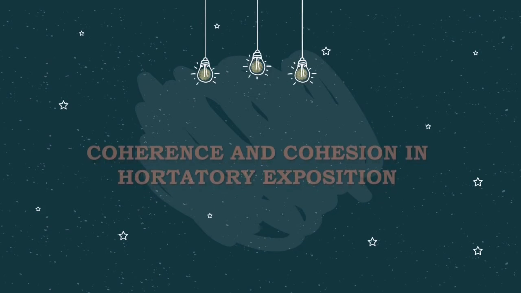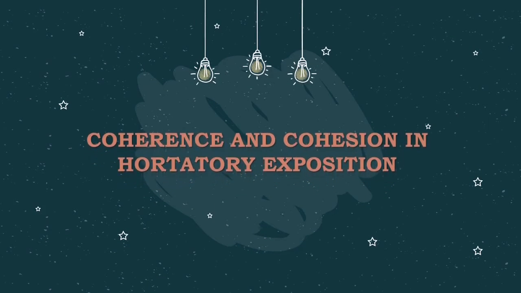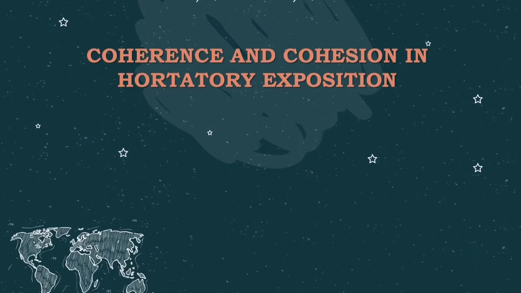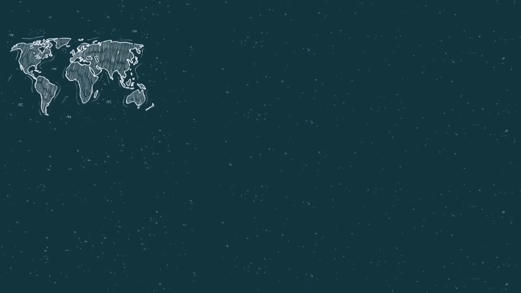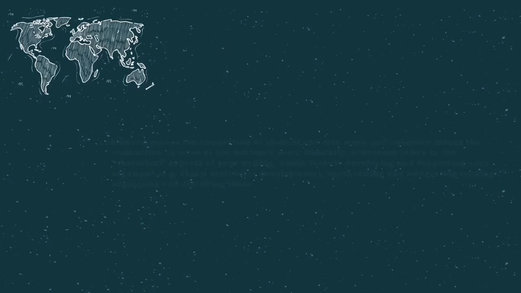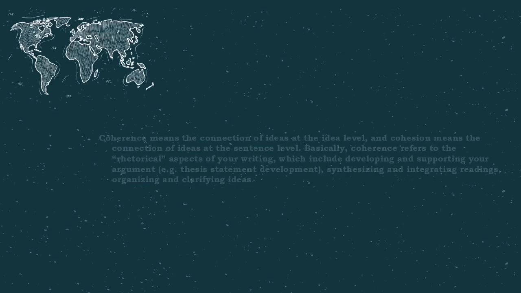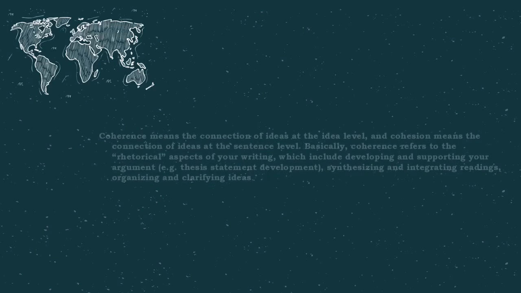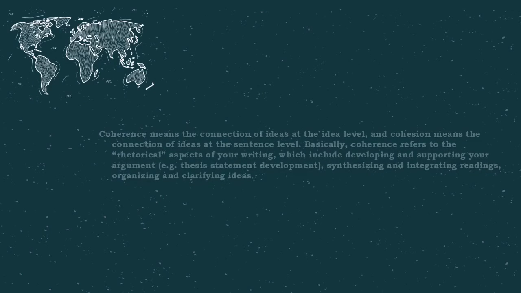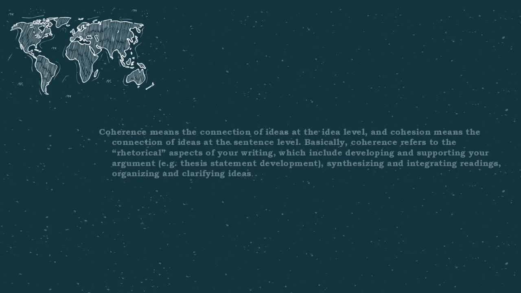Coherence and cohesion in hortatory exposition. Coherence means the connection of ideas at the idea level, and cohesion means the connection of ideas at the sentence level.